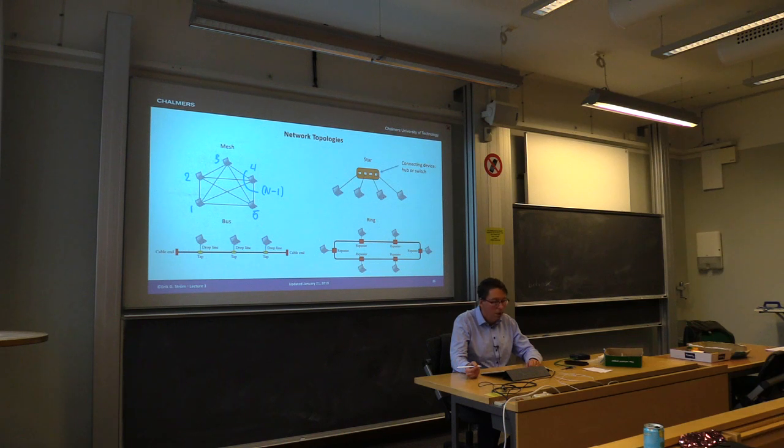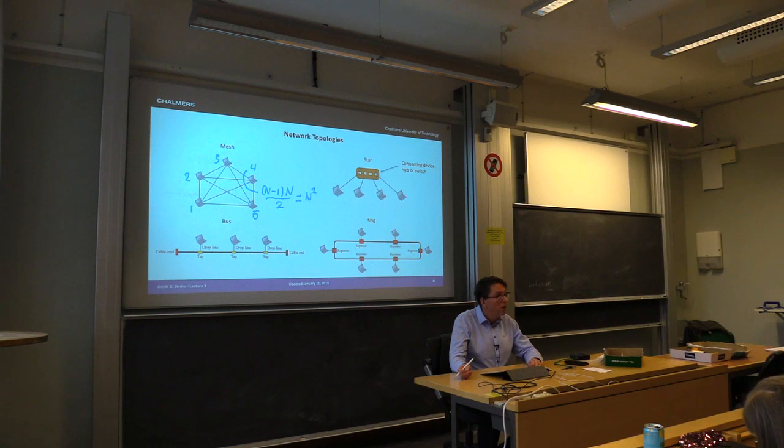And since we have n nodes, we need n minus 1 times n total connections. But since a connection goes in both ways, we divide this by 2. So this is the number of links we need in a setup like this. And we see that if n goes large, this becomes basically quadratic in n.